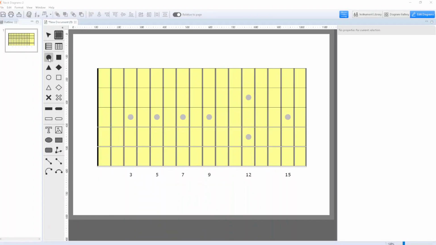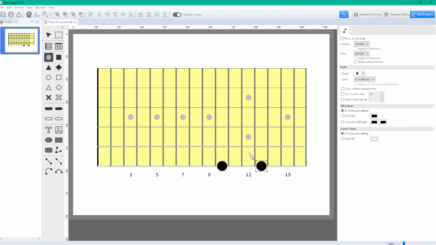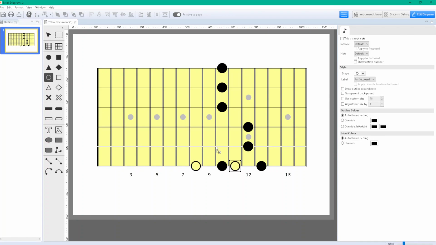What I did there was around fret 10 and 12. So here is a D minor triadic arpeggio, starting from fret 10, obviously. And here it's a C minor triad arpeggio, starting from fret 8.